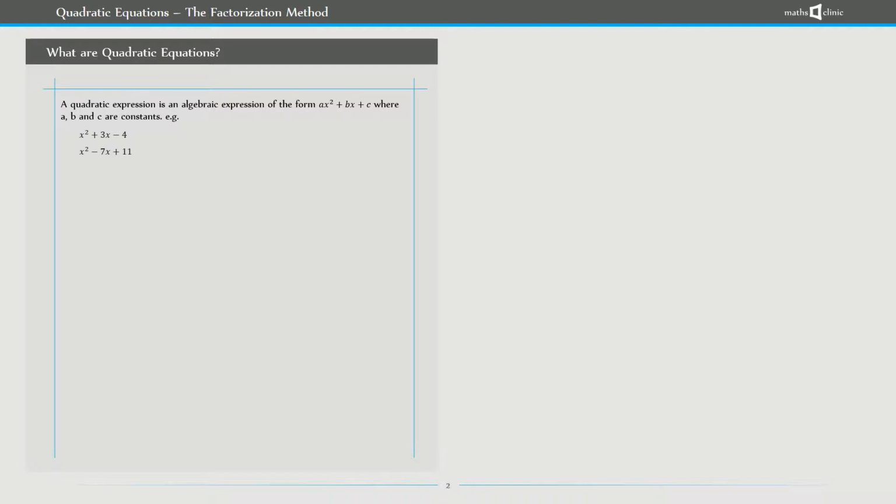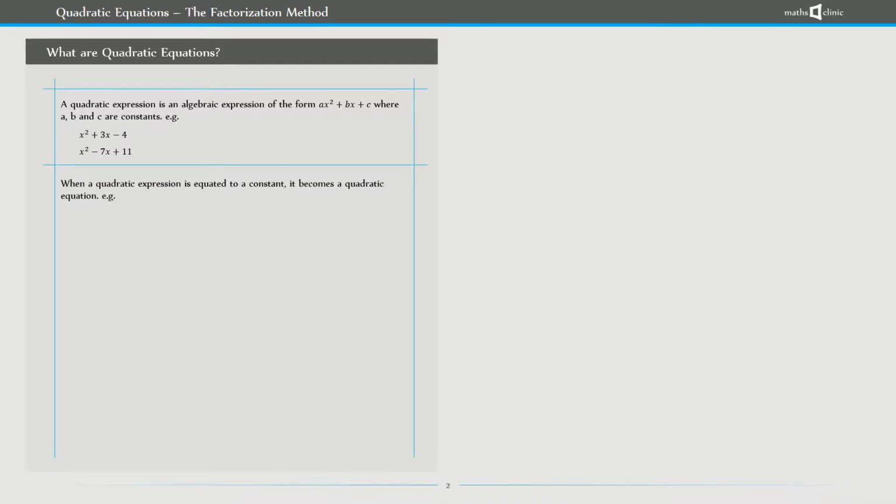But then you can have a quadratic expression of the form x squared plus 3x minus 4, and in this case we have that a is 1, b, the coefficient of x, is 3, and we have our final constant as minus 4. You could also have x squared minus 7x plus 11, and in this case a is 1, b is minus 7, and you have c as 11.